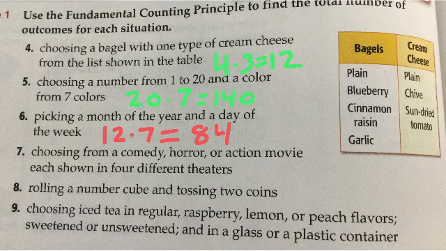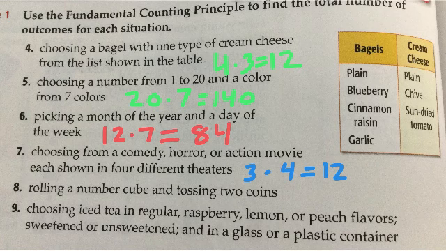Okay, next, choosing from a comedy, horror, or action movie, each shown in 4 different theaters. So you've got 3 different kinds of movies in 4 different theaters. That means there are 12 possible outcomes. Next one, rolling a number cube and tossing 2 coins.